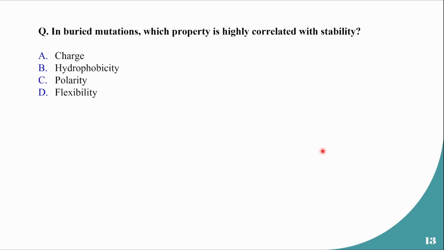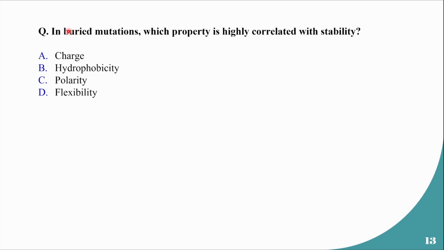Now, as we talked about the mutations in different regions, such as the buried regions and the solvent exposed regions, the favored mutations, or the mutations that could stabilize or destabilize the structures, become different because it of course relies on the nature of the surrounding environment, right?